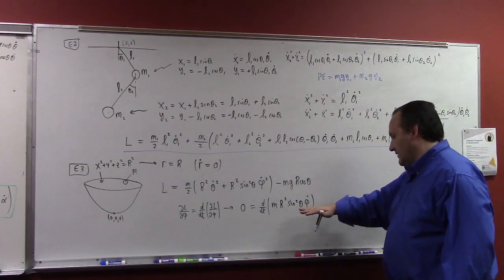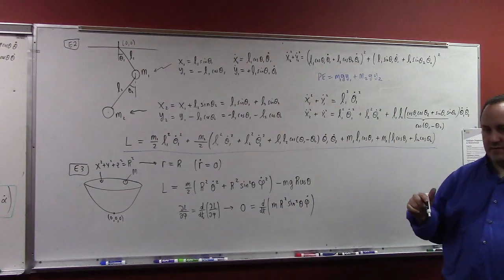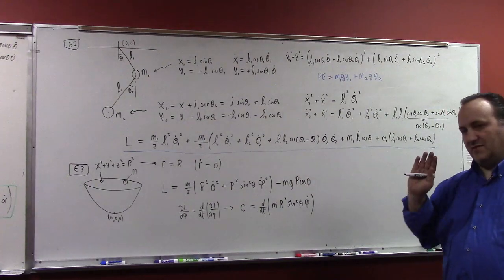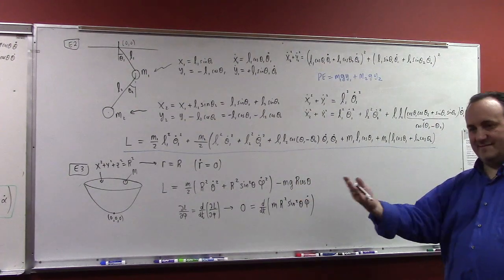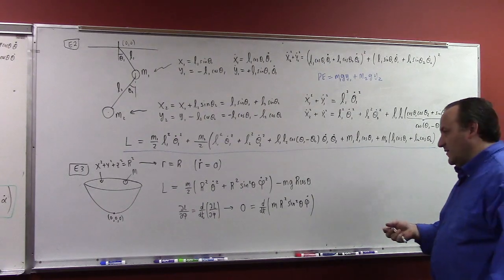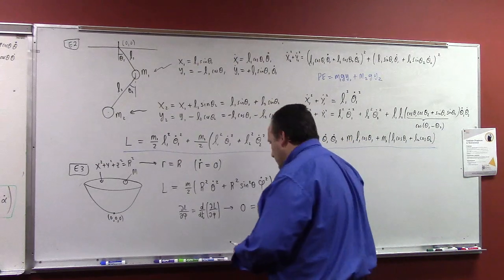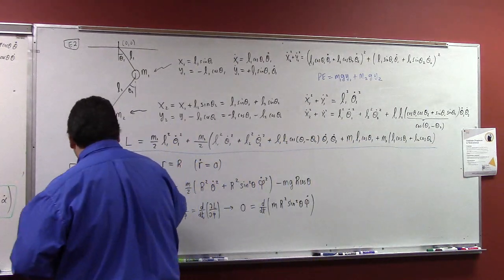So again, this is a conserved quantity of the motion, which essentially corresponds to the angular momentum about the axis. R sine theta is the radius from the center axis here.